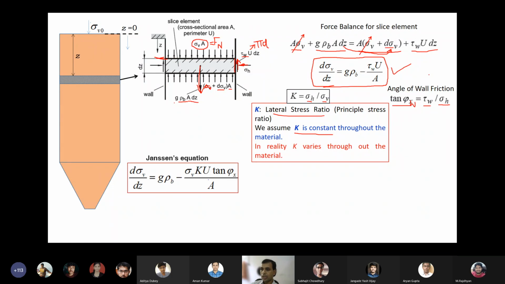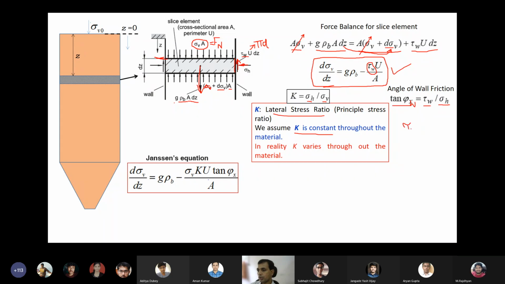So here, what I wanted to do is eliminate tau W into known terms. How do we eliminate it?